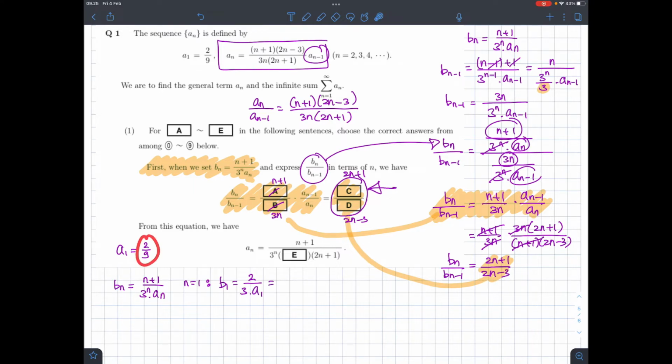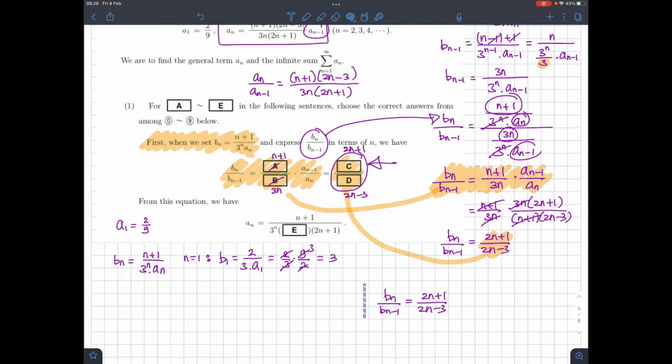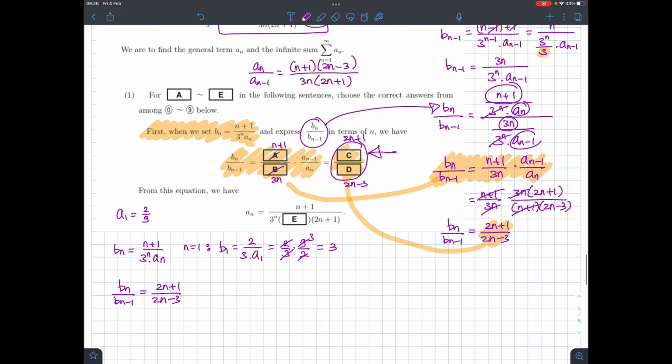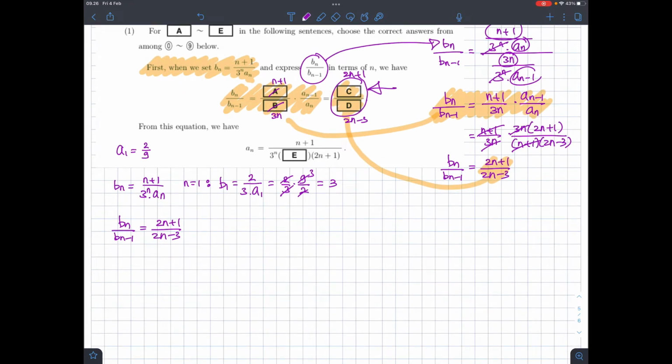So you just substitute this value here, 2 over 3 divided by 2 per 9, and we just invert, right? Cancel out this and this, so we got B1 equal 3. We have this to find the pattern of B. We already have A1 and we already have B1.